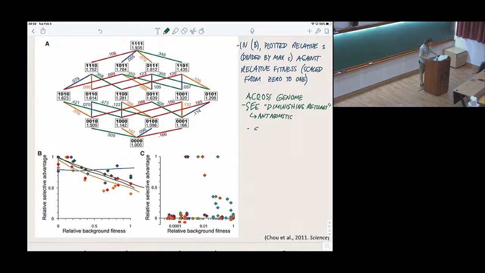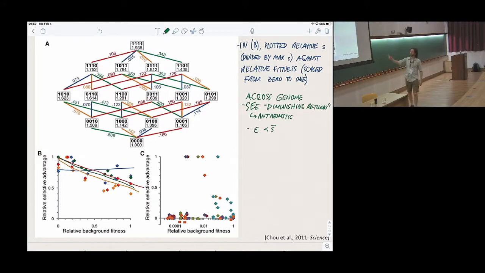The epistasis tends to be fairly small compared to the average selective coefficient. Like the green mutation has an average effect of about 40%, and the epistasis changes that by 5 to 10% from its average. So it's measurable, it's definitely significant, but it's fairly modest.